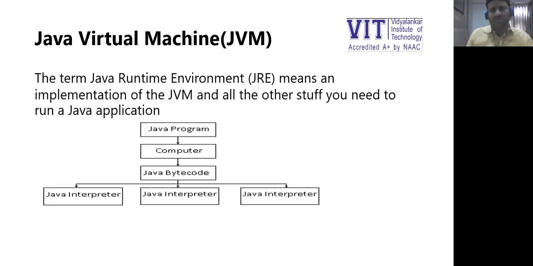The JRE includes the JVM, the compiler, the interpreter, the built-in libraries, and the classes that help us to create a Java program, to build a Java program, to compile a Java program, to execute a Java program. So everything will be done under the control of JVM here.